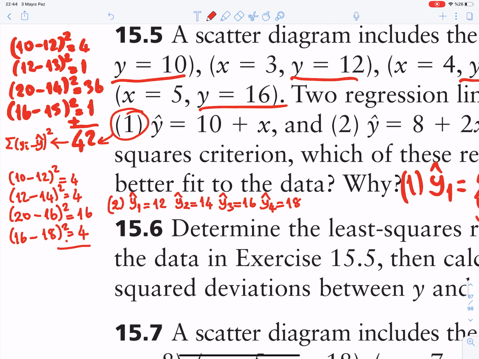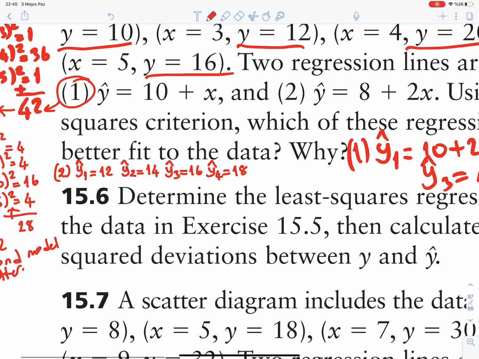In total this becomes 28. Since 28 is less than 42, the second model is better. That's your conclusion.